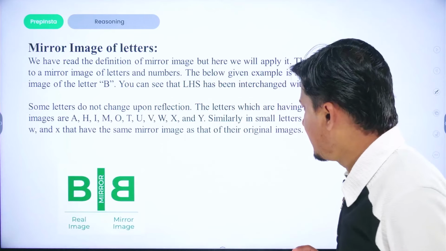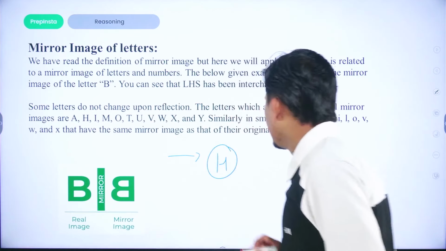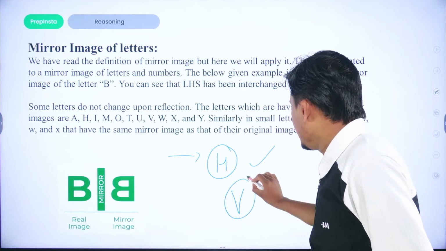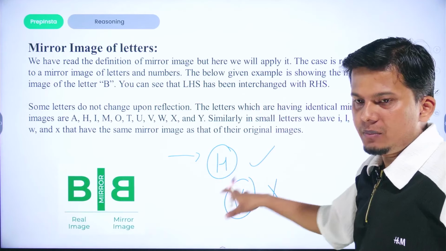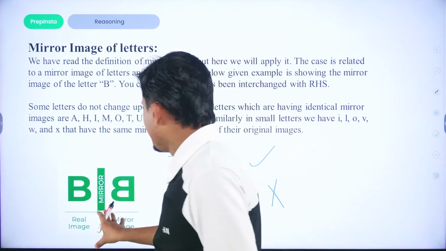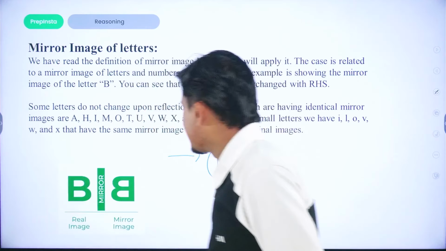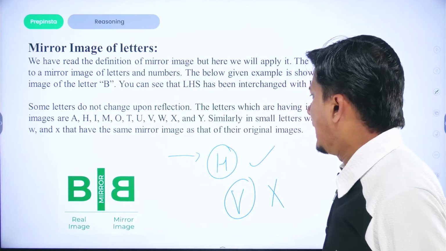What we have studied is that only horizontal change will be witnessed. There will be no vertical change here, right? Left becomes right and right becomes left. So you can see the alignment if the mirror is placed here. If there is an object kept like B, then B's image would be like this.